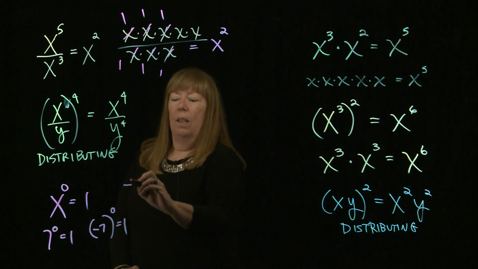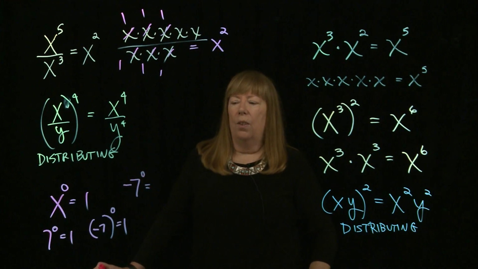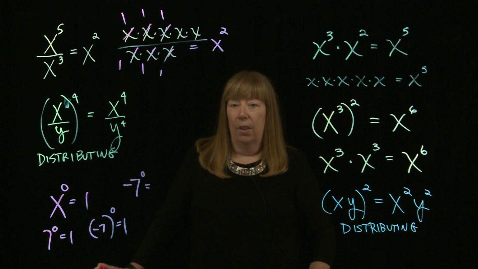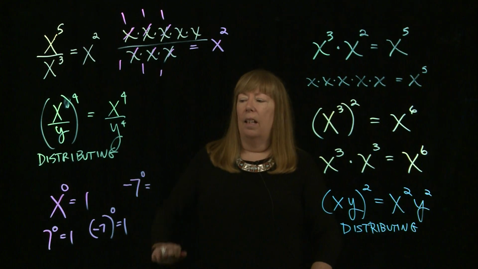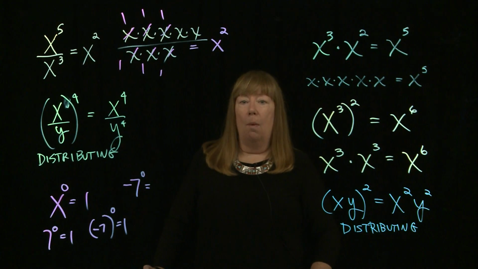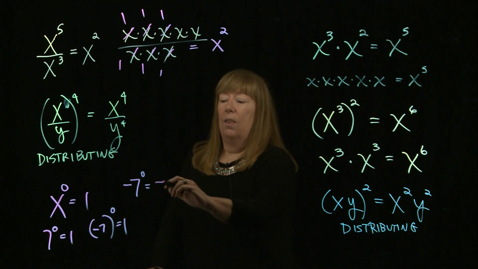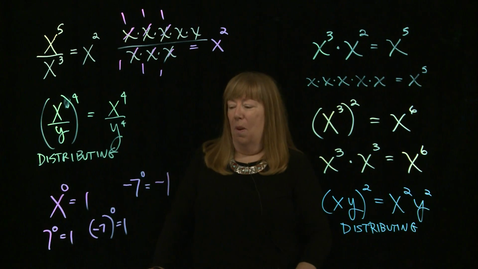How about this one? Negative 7 to the 0. Remember what we learned in the last video. You only raise the thing directly to the left of the exponent. So since there's no parentheses sucking that negative sign up to the 7, it's not part of the 7. So this one isn't 1, it's negative 1.